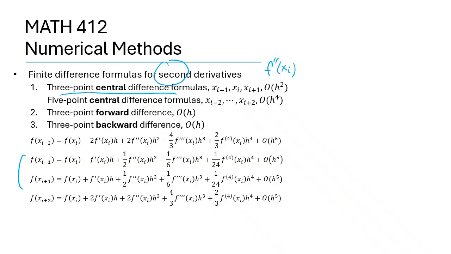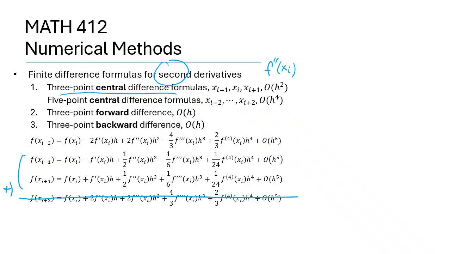And we want to find the second derivative. When we derive a formula for the second derivative, f prime should not survive. If you have f prime there, how could you get f double prime? This should be eliminated. And how can you get rid of f prime?